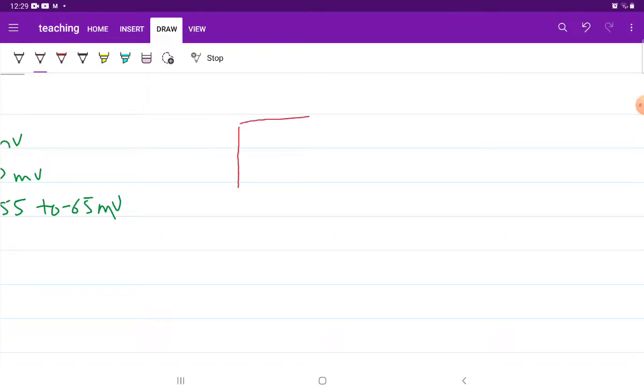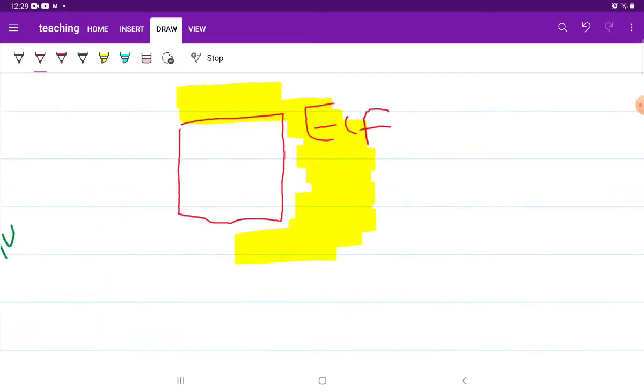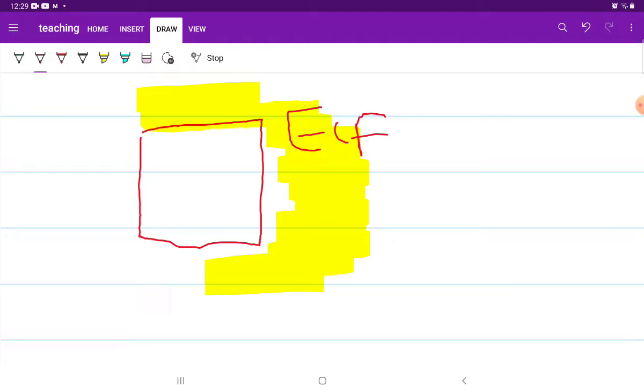Suppose it's a nerve cell and it is surrounded by ECF, extracellular fluid. The potential for extracellular fluid, we consider it as 0, and then the resting membrane potential of nerves is -70.